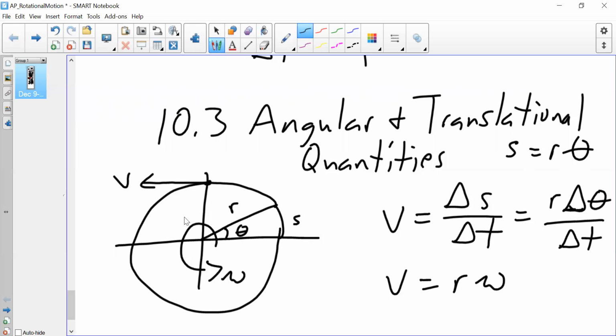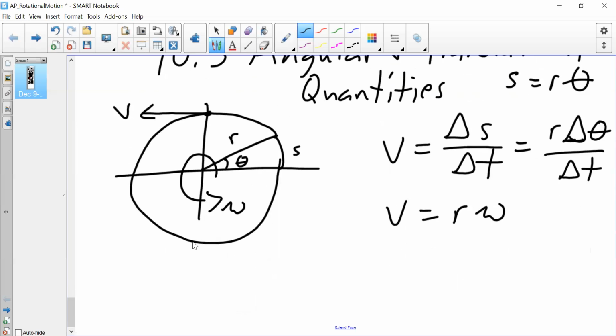So that's the marriage. It's married by the radius. That's the translator, or the transformer in linear algebra speak. It transforms linear to angular quantities by way of the radius. And the same thing goes for angular acceleration. So if we take a look at acceleration, which is delta v over delta t, we know that v is r omega now.